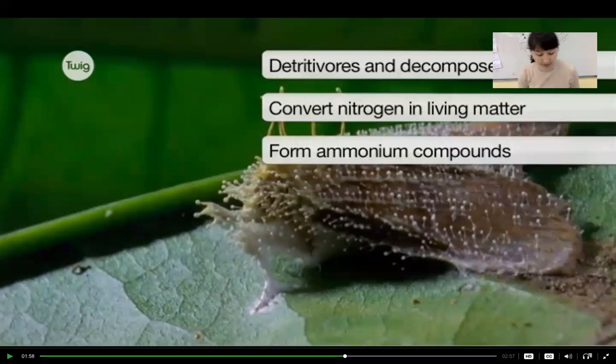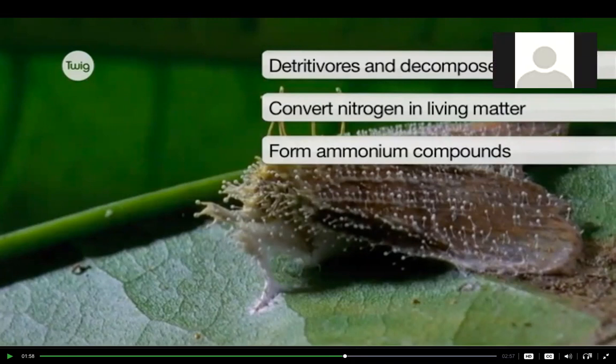Second step. This was the first. We will now study only the first two steps. Who is participating? Decomposers and detritivores.